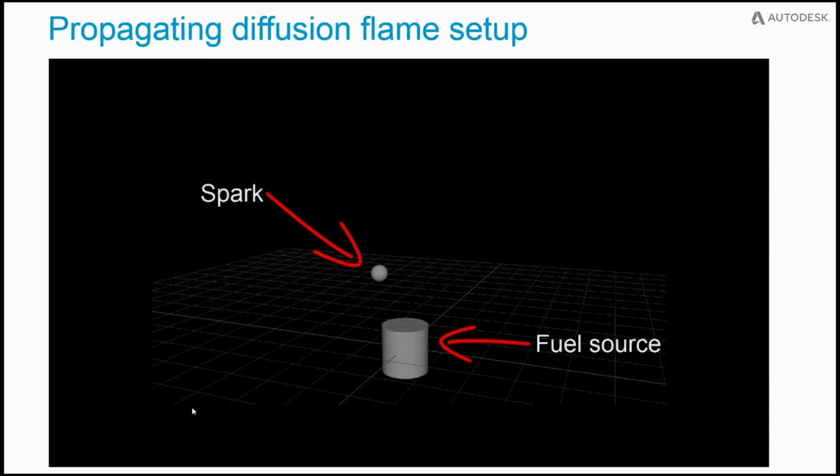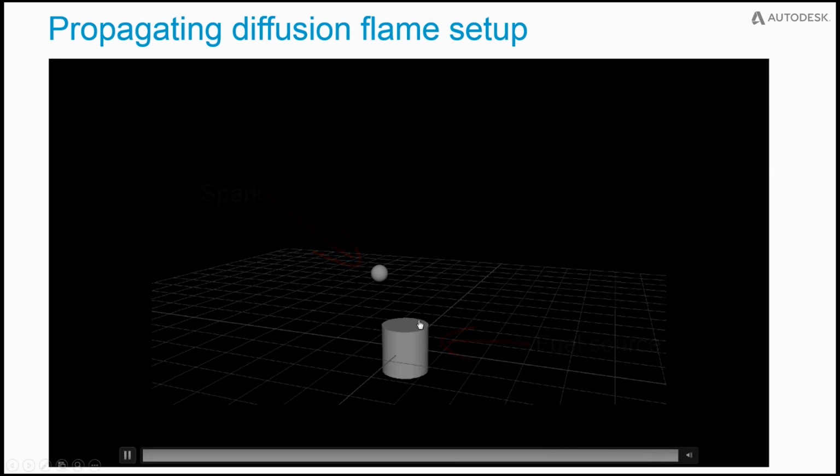So I want to show that this thin flame setup, though in CFD it's mainly used for pre-mixed fuel and oxidizers, it can also be used to track a propagating diffusion flame if we combine the thin flame model with explicit diffusion of oxygen. So here's the experimental setup in Maya.